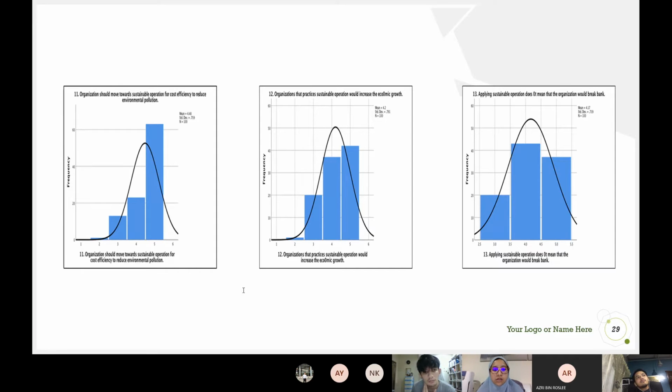Based on the respondents, 42% voted strongly agreed, and the lowest is 1% that voted disagreed. So this shows that the majority of them agreed with the statement given.